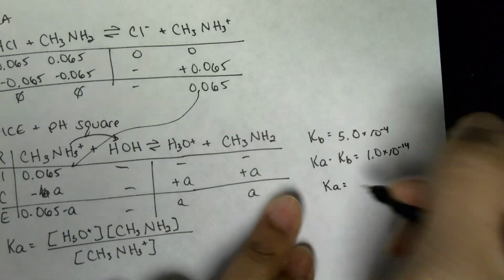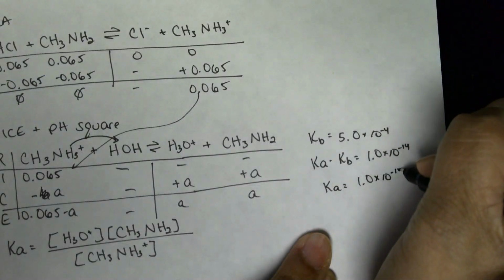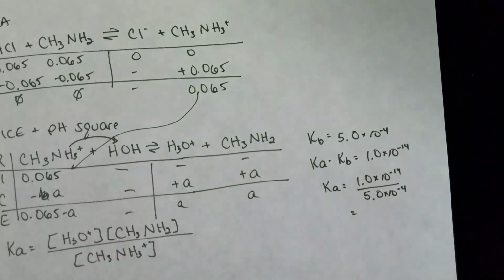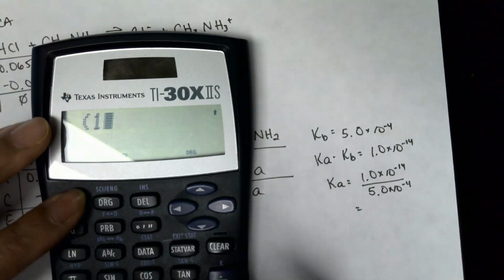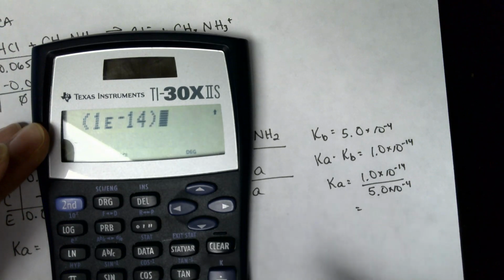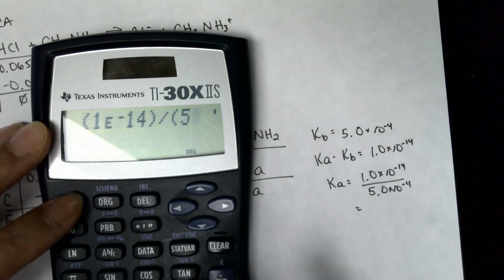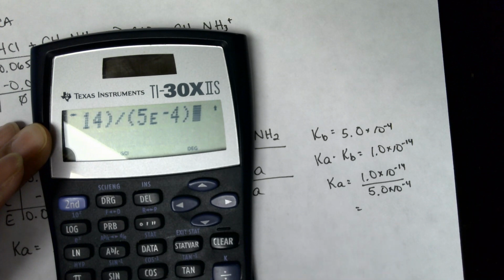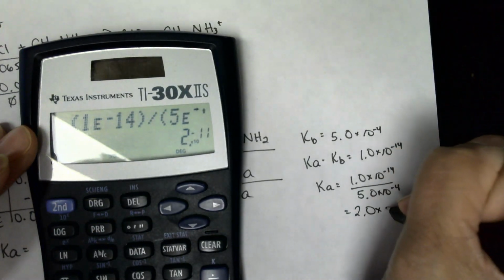So my Ka is 1.0 times 10 to the negative 14 over 5.0 times 10 to the negative 4. I'm trying to mental math this. I want to say it's 2.0 and then 11. Let me just double check that. And remember, 1 EE negative 14, close out that parenthesis, divided by 5 EE negative 4. Cool. So 2.0 times 10 to the negative 11.